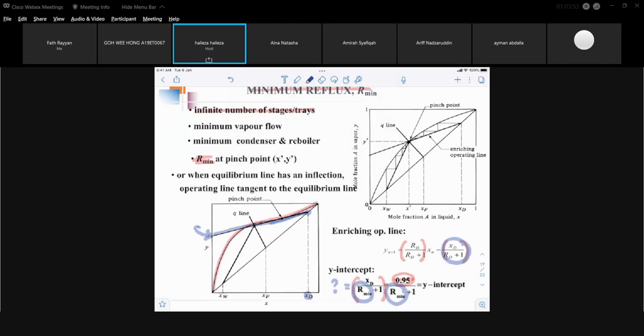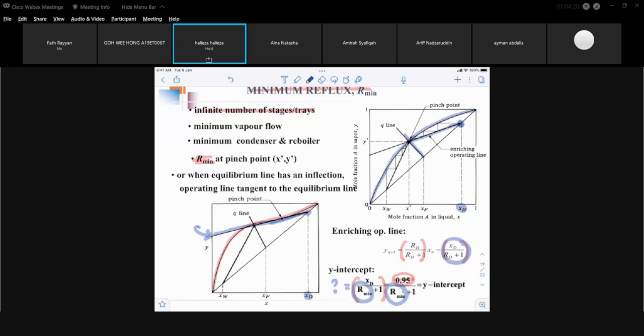But if your graph is in this form, where it is an ideal solution, then to draw your line, as we looked at in the previous example, you start from the 45-degree line at this composition. You draw your operating line where it intersects with the Q line and the equilibrium curve.